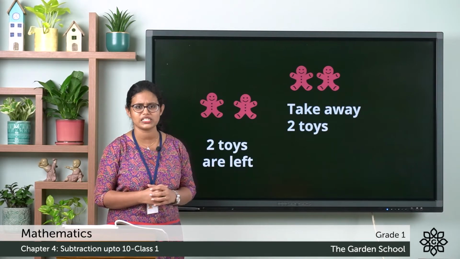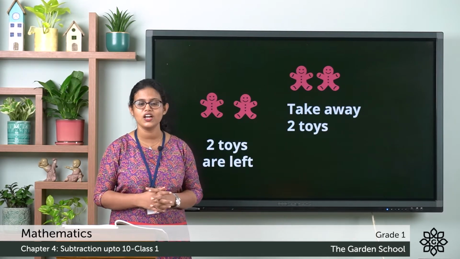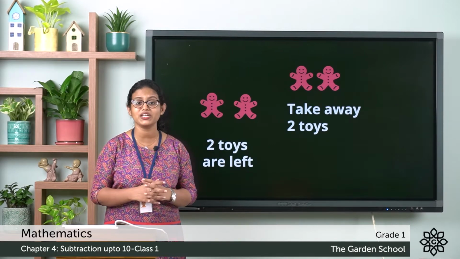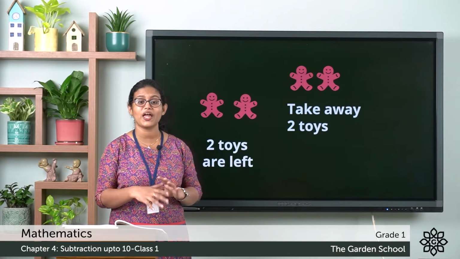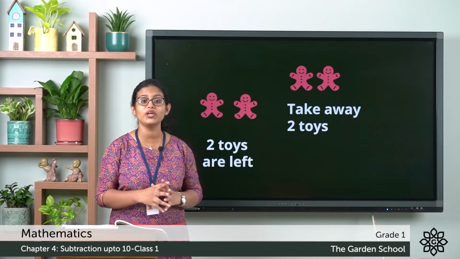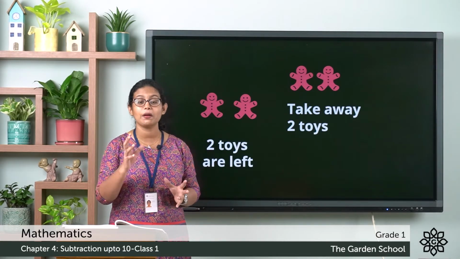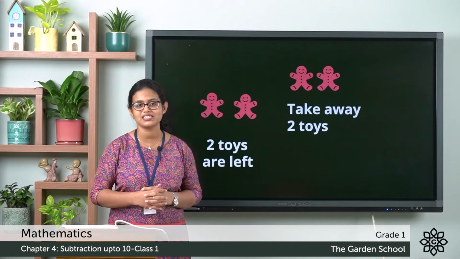Let me give you one more example. Just imagine there are 4 apples with you. Do you all like apples? So from that 4 apples, I am going to take away 1. So I want 1 apple. So I am going to take 1 apple from your 4 apples.